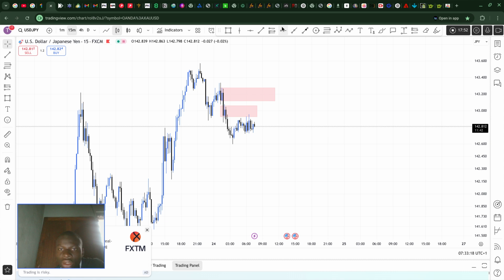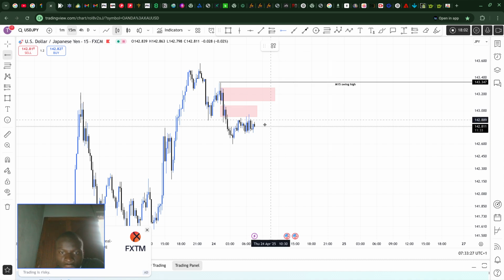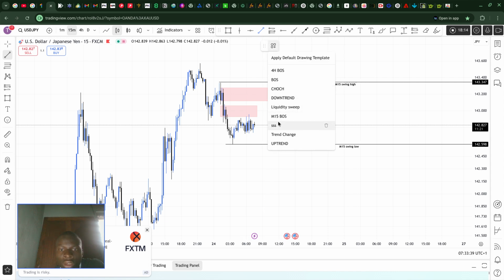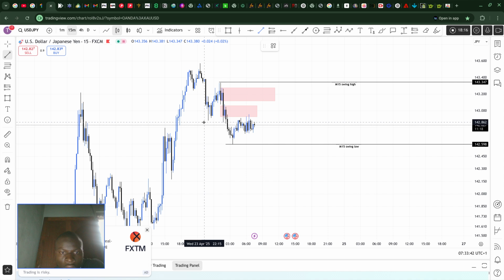To check our current market swing range, our 4 hour swing high is this, and our 4 hour swing low is this. And our weak structure is this.